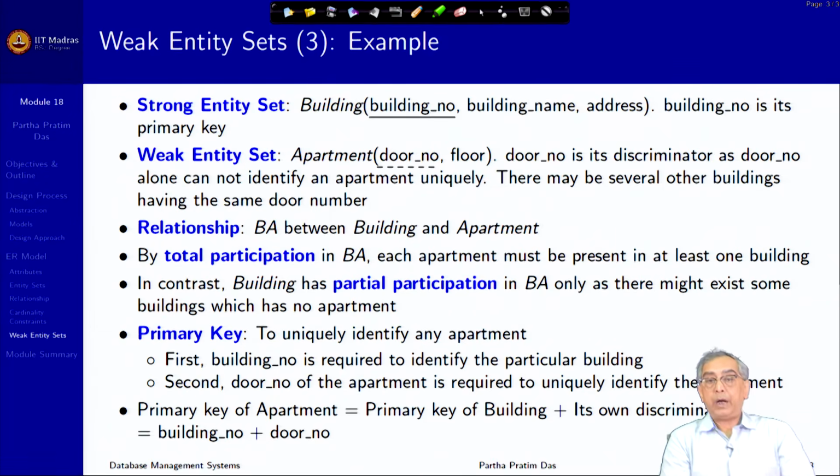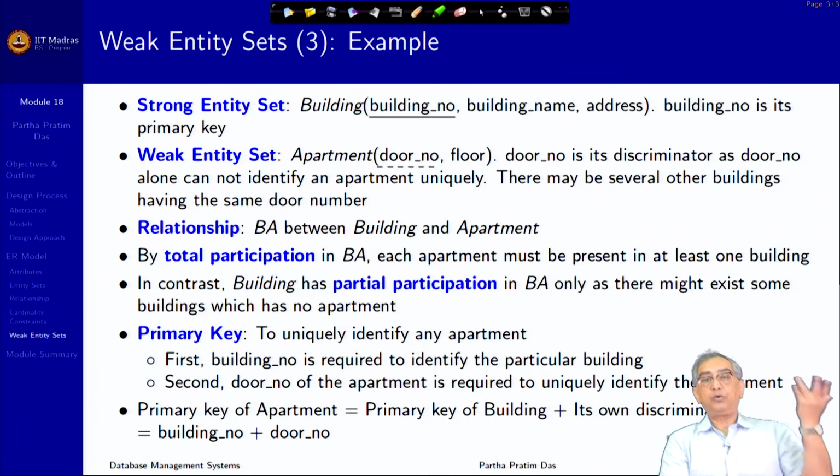Now, we would also need that in BA, the apartment has a total participation, because it is not separately identifiable. An apartment cannot exist without the building being there. So, if an apartment exists, it must have a building.